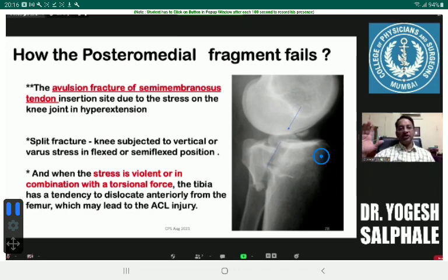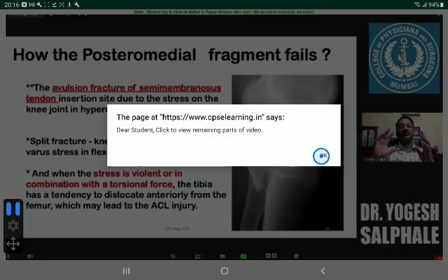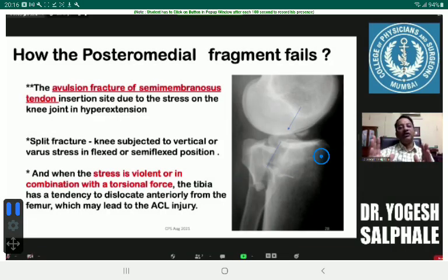The knee is subjected to vertical or a varus stress in a flexed or semi-flexed position. Now imagine the vector forces in all the different directions. Whenever the stress is violent or in combination with a torsional force, the tibia has a tendency to dislocate anteriorly from the femur, which may in addition lead to an ACL injury.